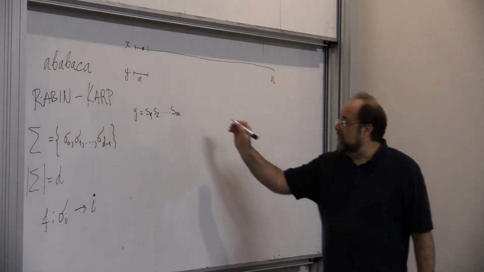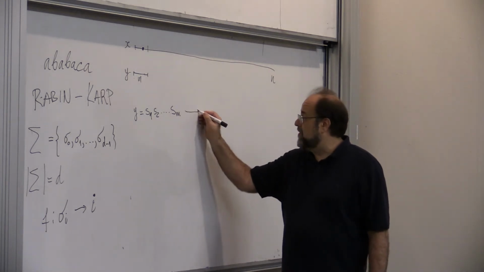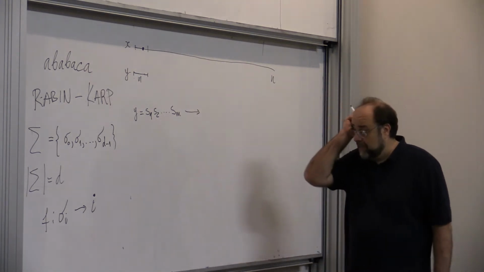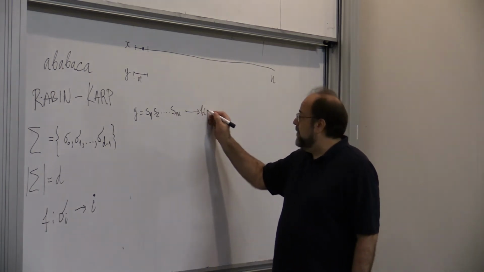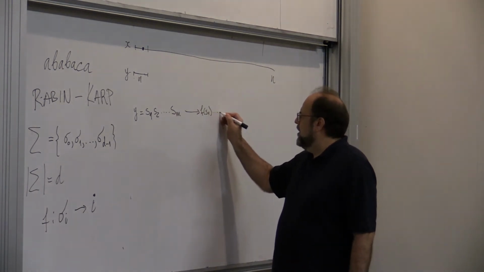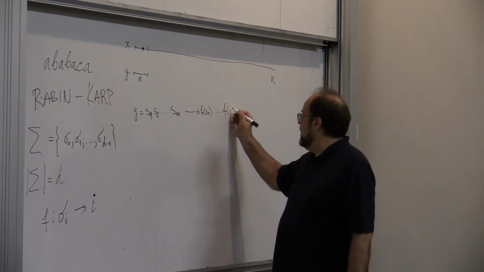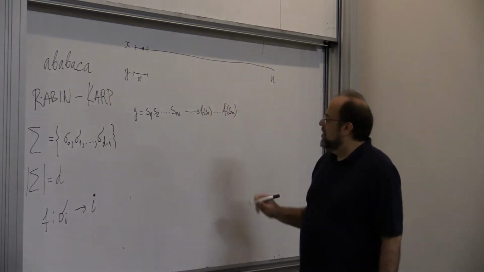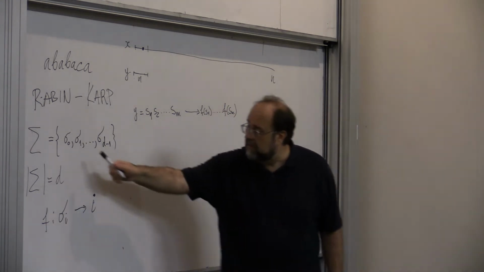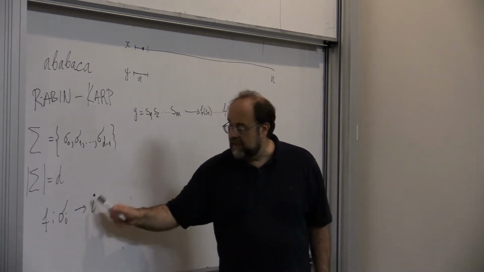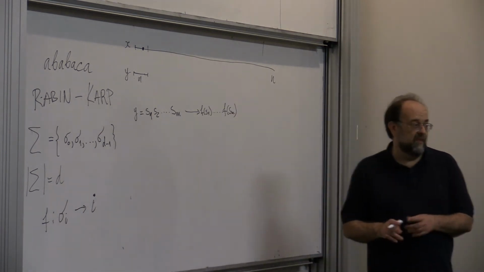Well, then we have a naturally corresponding string of numbers, which is simply f of S1 all the way up to f of Sm. So simply every symbol will be replaced just by its index, right?